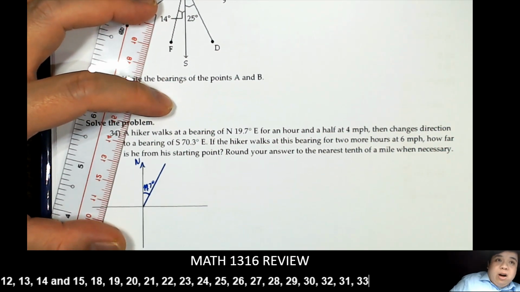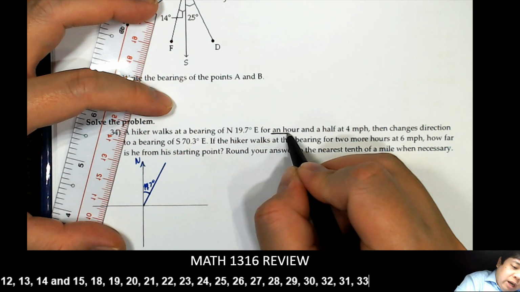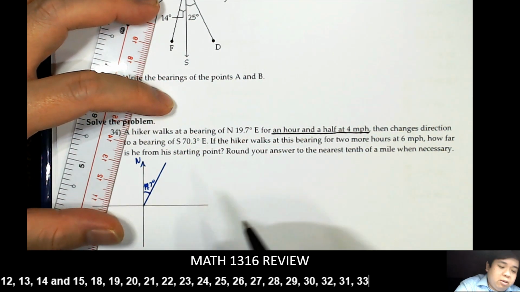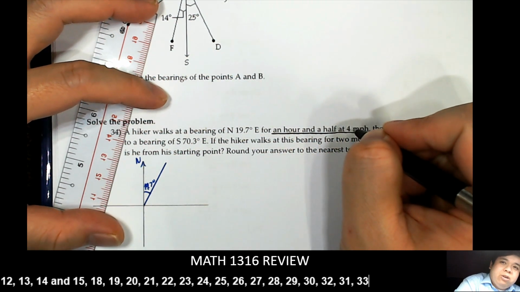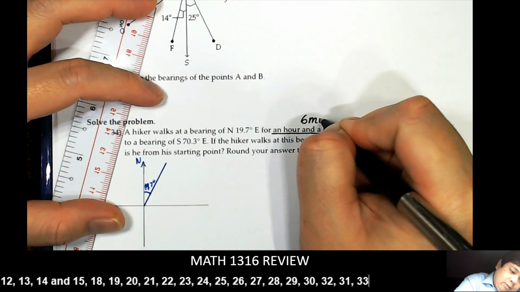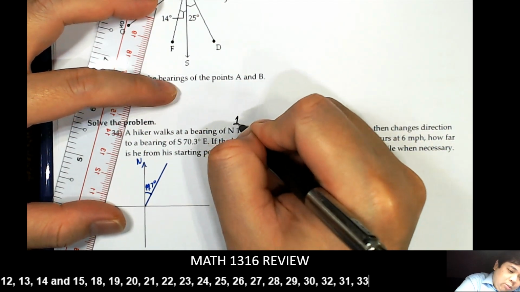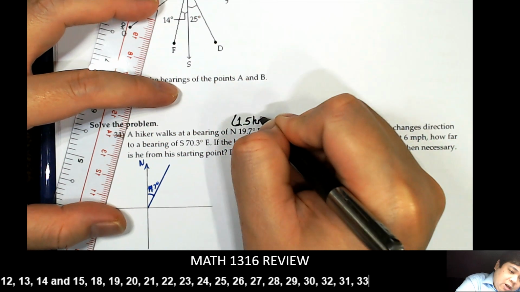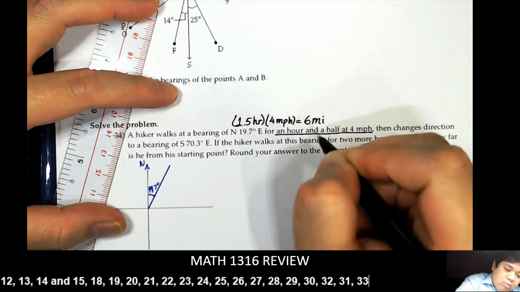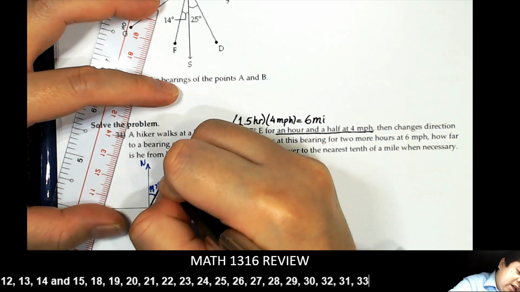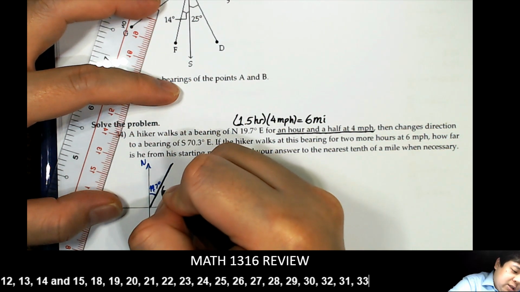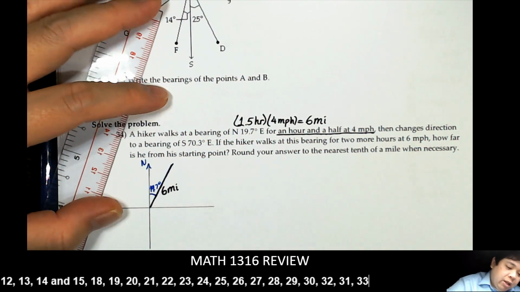Next, we need to find the distance. 1 hour and a half at 4 miles per hour. So the distance is equal to speed times time. So 1.5 hours times 4 miles per hour equals 6 miles. So the distance that the hiker goes is 6 miles in that direction.